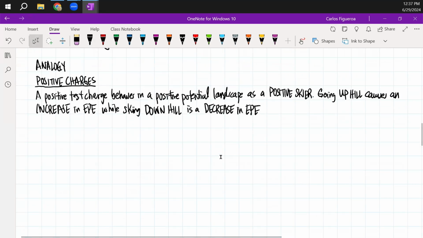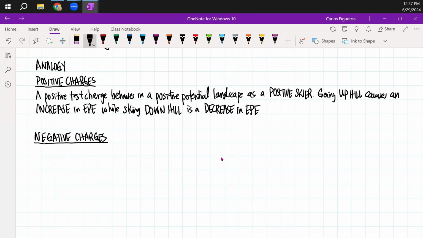Negative charges are not that way. Negative test charges are the exact opposite of positive skiers.